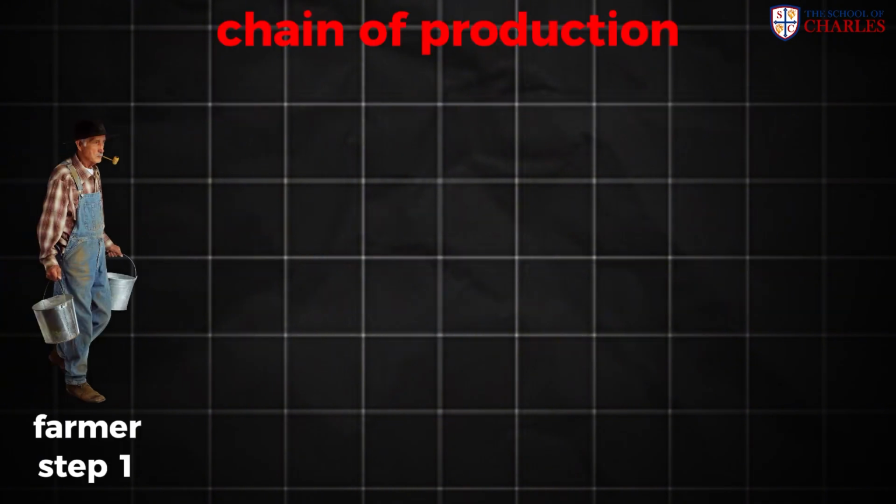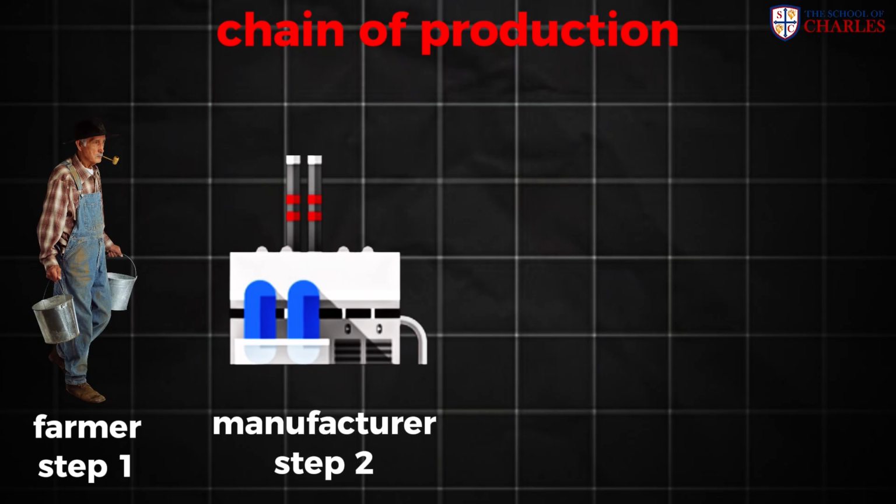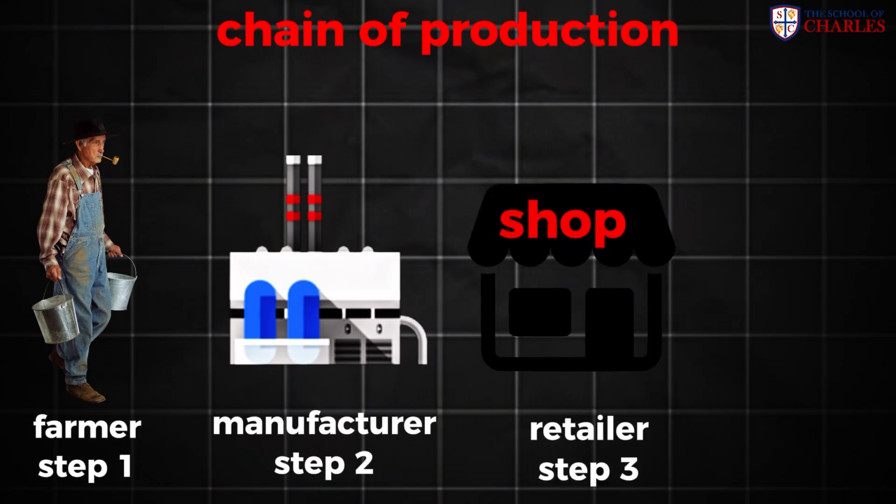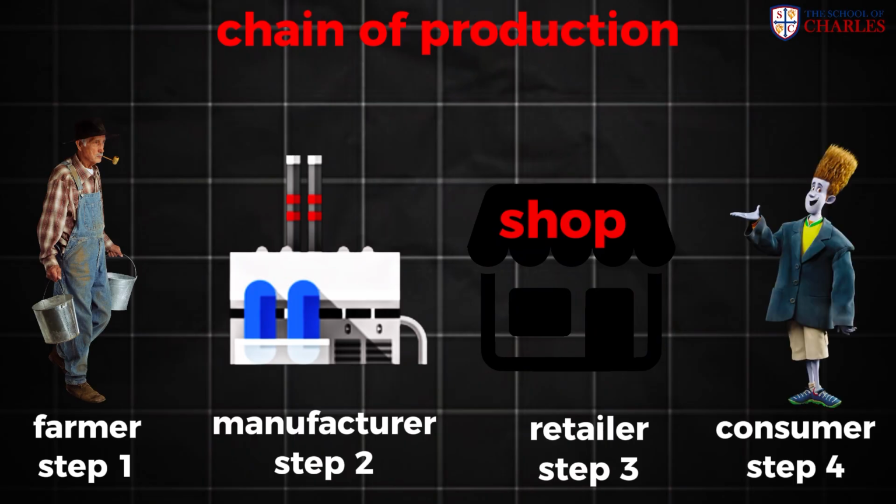The farmer who grows the oranges is part of the chain of production, and so is the manufacturer who makes the juice from the oranges. The retailer who eventually sells the goods to the customer or consumer is also part of the chain of production. The consumer is the final stage in the chain.